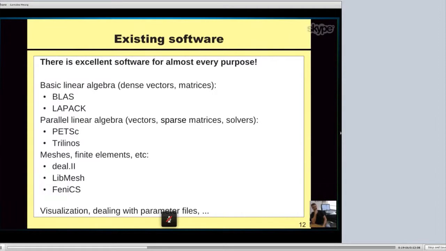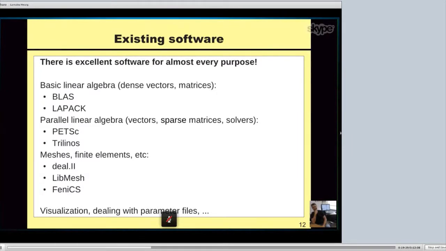And I just picked out three of these libraries. That is deal.II, my own project that I'm going to talk about some more later on, and two others that are fairly widely used are called libMesh and Phoenix. There are probably a dozen or 24 others that you can find on the internet that are supported to various degrees and that are used to various degrees. So I don't want this list to be exclusive, but these are, I would say, the three big ones.